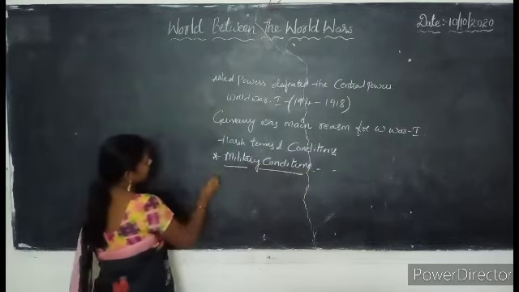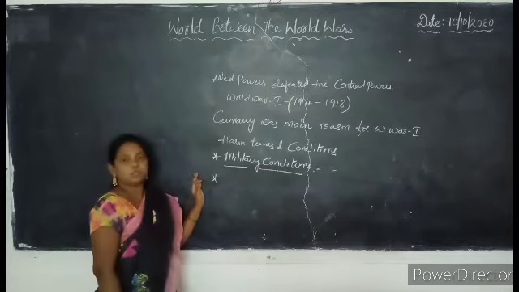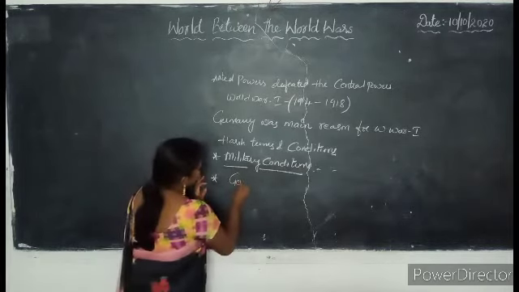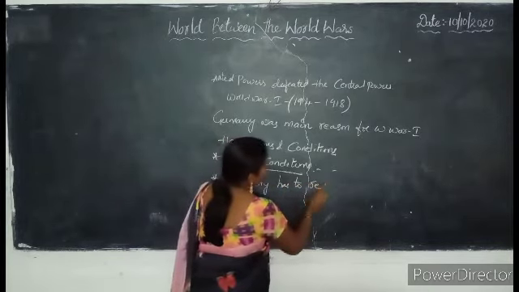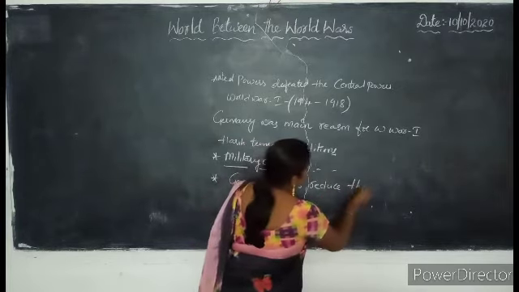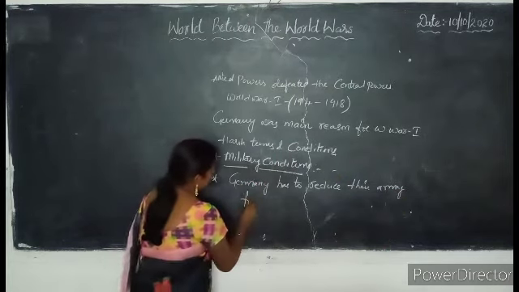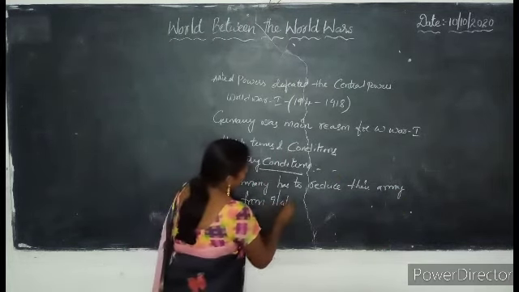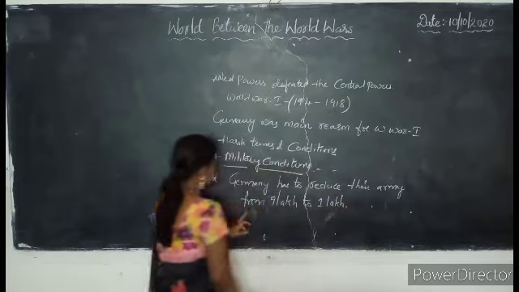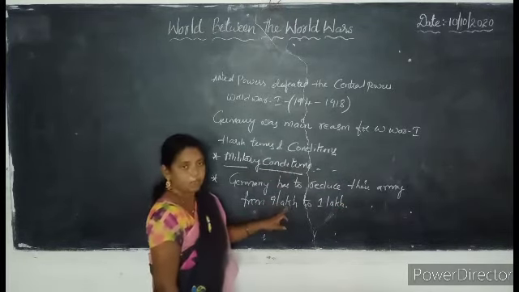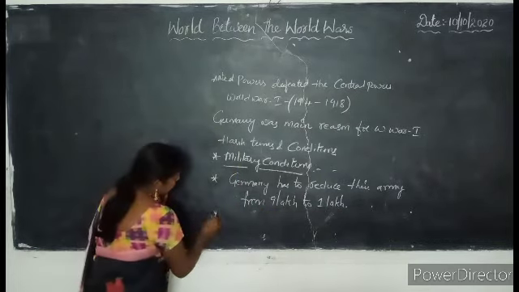Germany had to reduce its army strength from 9 lakh to 1 lakh. They had an army strength of 9 lakh, but they had to maintain only 1 lakh, which was imposed by the Treaty of Versailles.